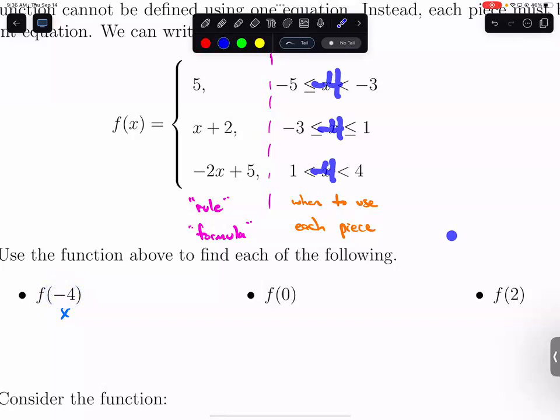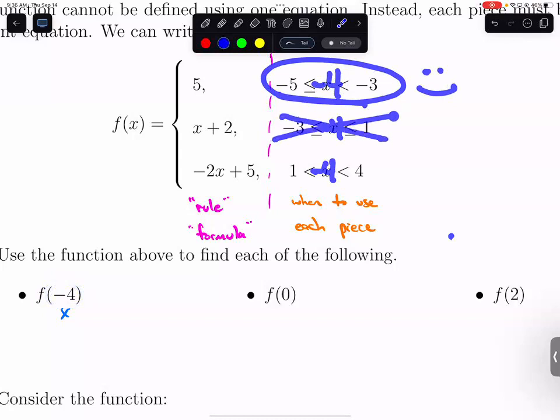So is -4 between -5 and -3? Yeah. This works. Is -4 between -3 and 1? No. Is it between 1 and 4? No. Okay, well, that means I don't need to worry about any of this other stuff. I just look at the top line, basically, right? So I just decide which piece works, right? Which is the correct piece to use for this?